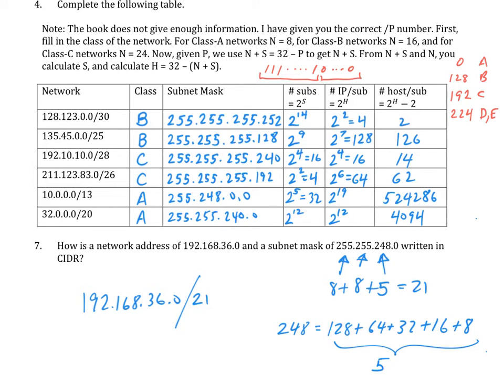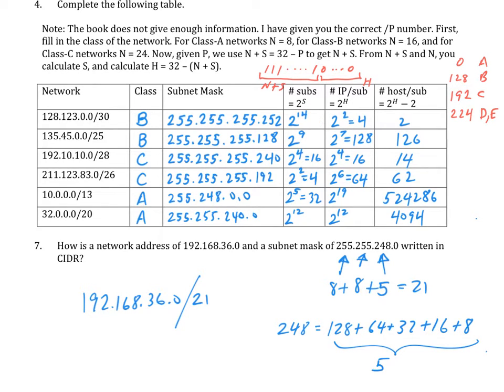The number of ones is N plus S, and the number of zeros is H. Okay? And so given that N is, for the first one, N is 16, and N plus S is 30, that gives us that S is 14.